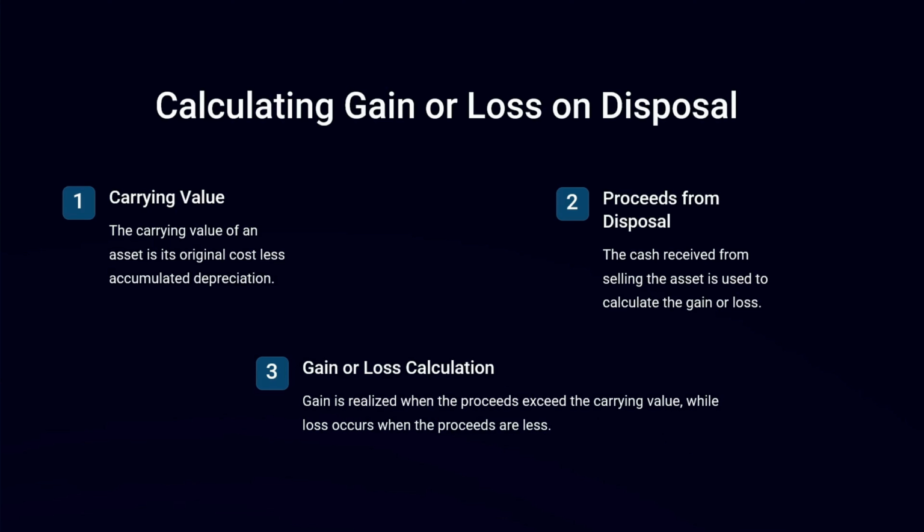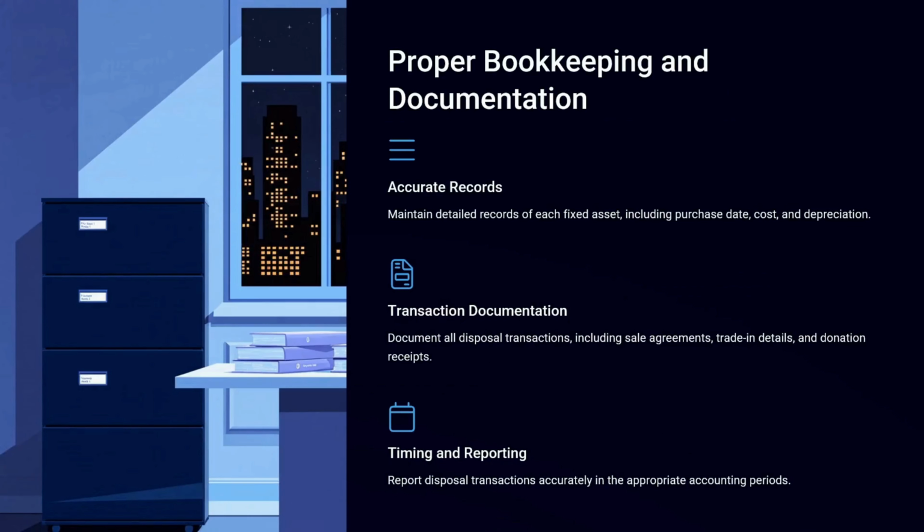The difference between these items, the amount received and the carrying value, we call gain or loss. If the sales value is higher than the carrying value, we call it a gain. If the opposite, that means our sales is lower than the carrying value, the company is making a loss. We are selling our equipment for less than its accounting net value.